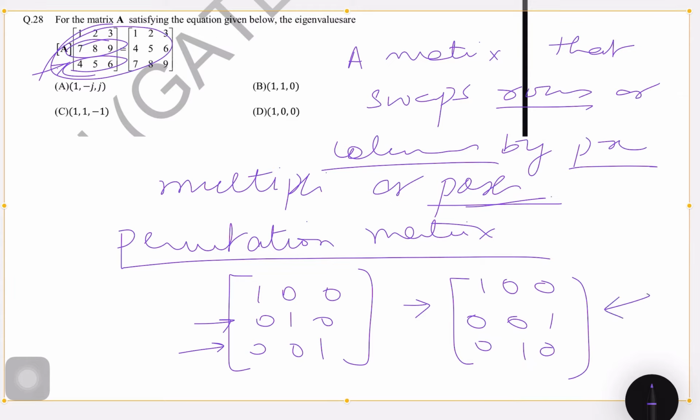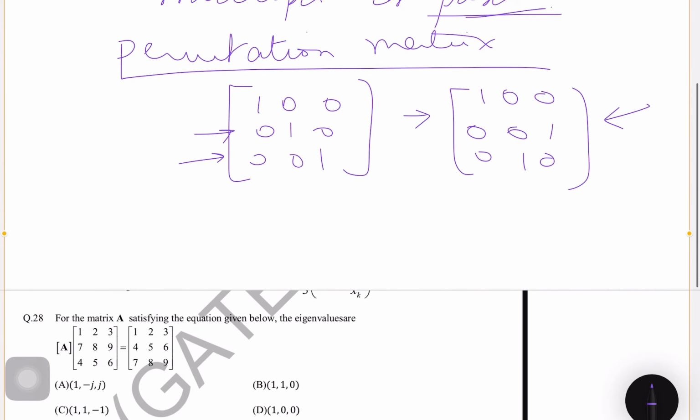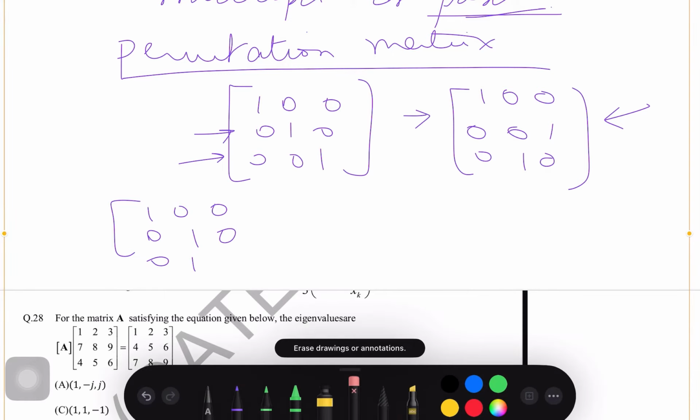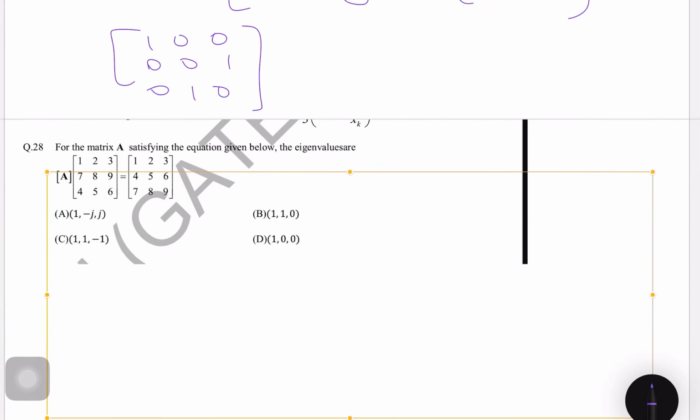So what this matrix will do is, now this is quite interesting. Now you multiply this matrix with your given matrix, which is this one, right?